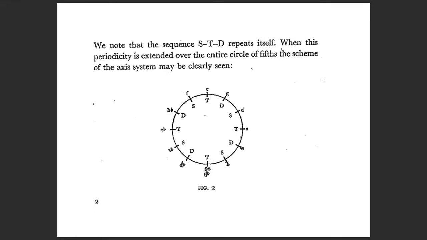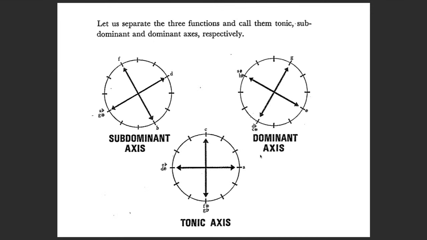Now this repeats because of our axis. So this is Lendvai's notes, by the way. So what we see is this cycle of fifths being this repeated cycle of 3 groups, 8 in each, which make the 24.